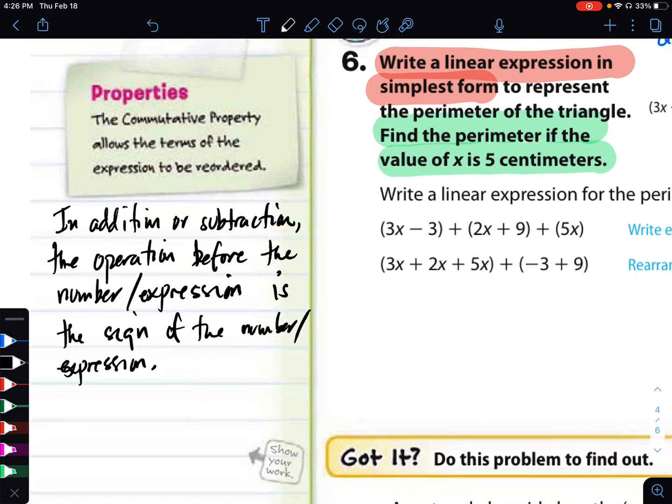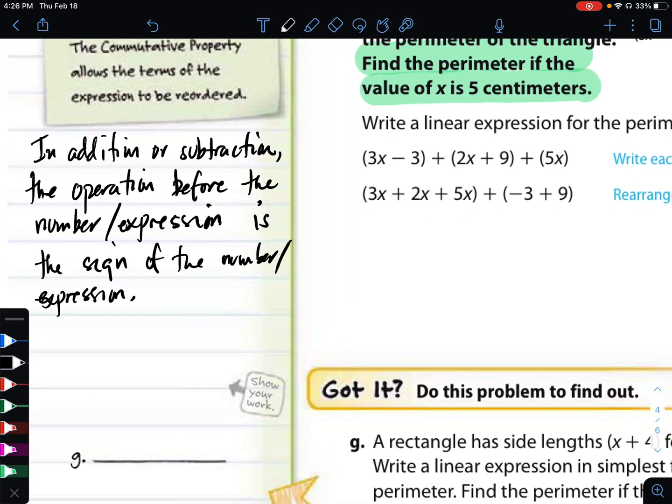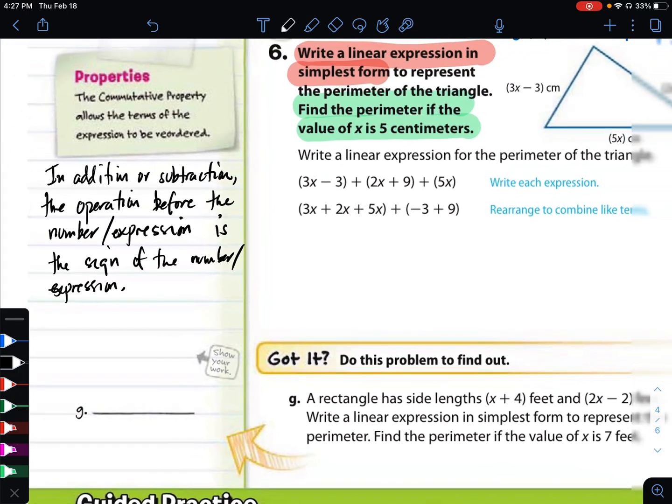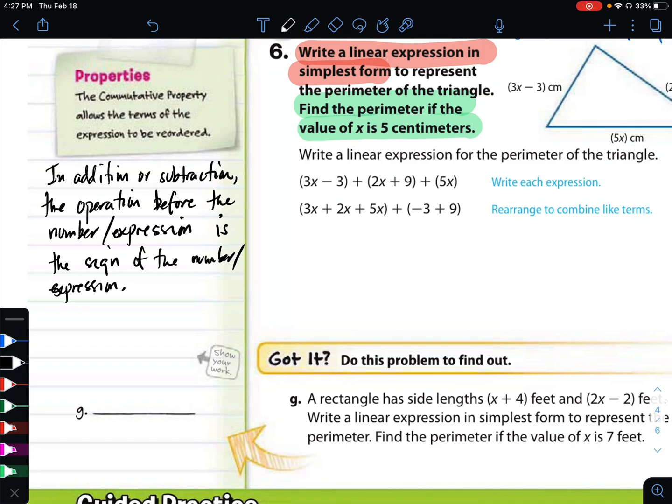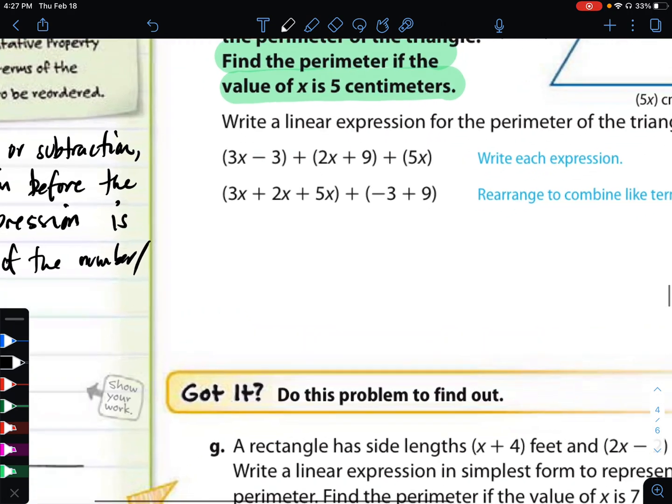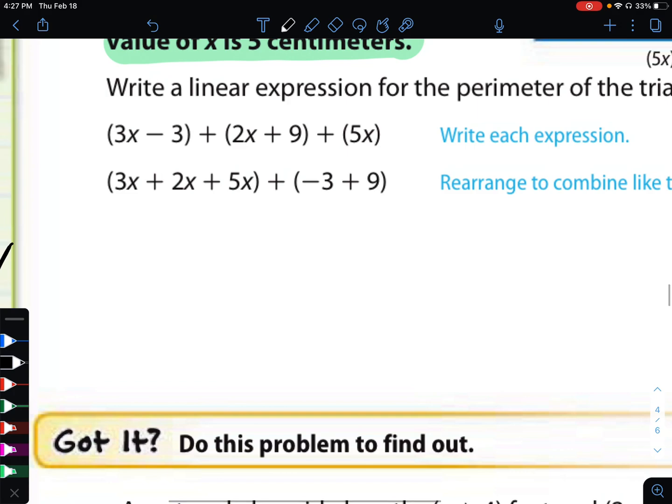Copy that down. Pause this video and copy that down because that becomes very important once you start adding and subtracting linear expressions. So going back here, we put all our like terms together, and our constants together because they're like terms.